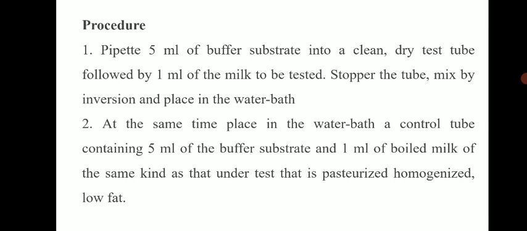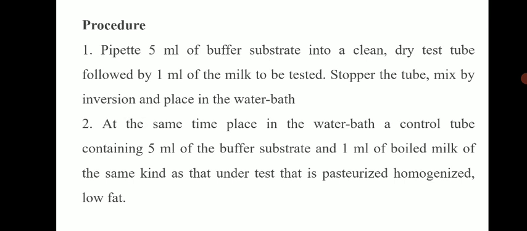So you take a test tube, add 5 ml of buffer substrate into that clean dry test tube, then add 1 ml of milk to be tested, and the test tube is covered by a stopper. After inverting it, you place the test tube in a water bath which is maintained at 37 degrees Celsius.